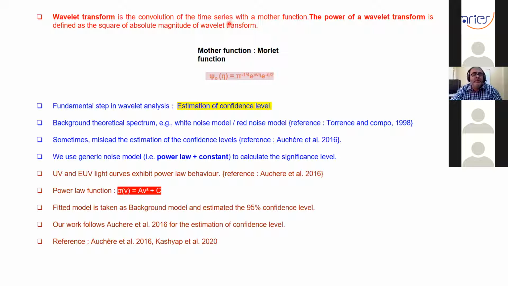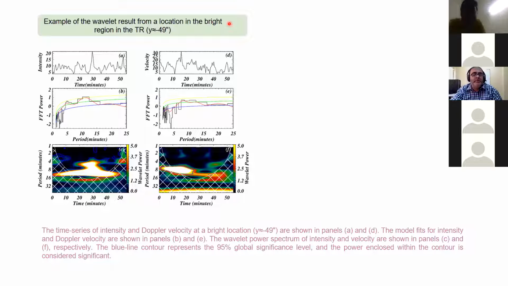The power of a wavelet transformation is defined as the square of the absolute magnitude of the wavelet transform. In this example, in the lower panel, you can see the power spectrum of intensity in panel C and the power spectrum of Doppler velocity in panel F.